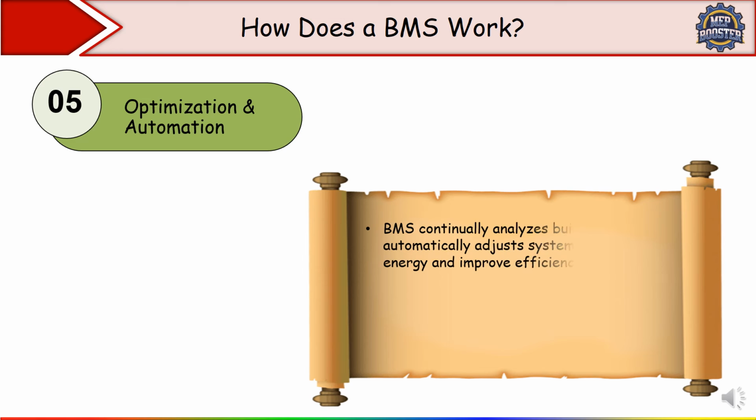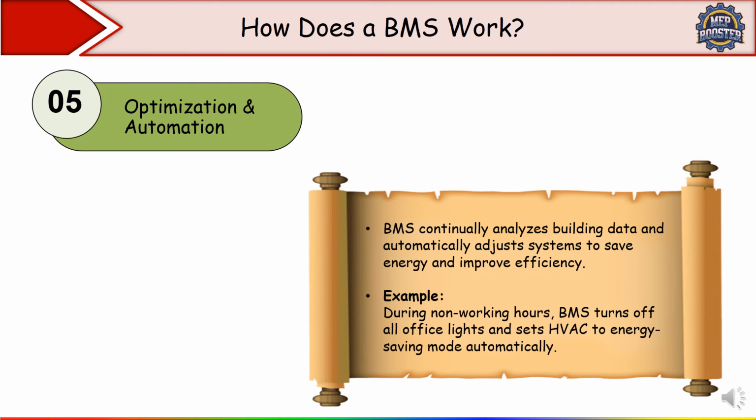Then the next is optimization and automation. So here see what happened. The BMS continually analyzes building data and automatically adjusts systems to save energy and improve efficiency. Okay, an example is given here.